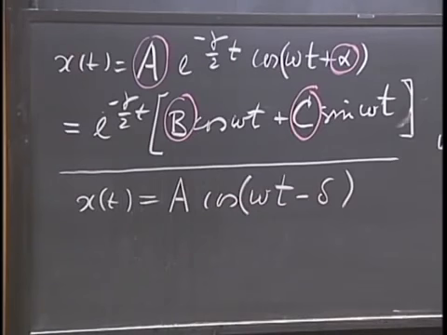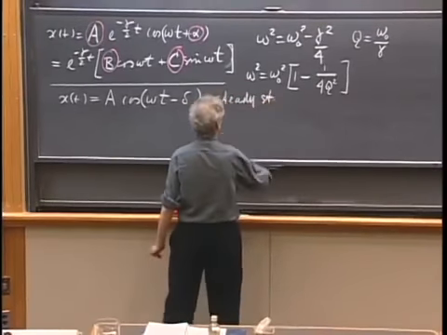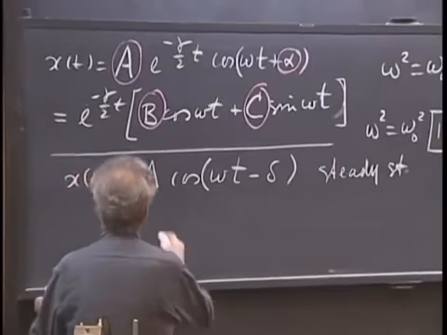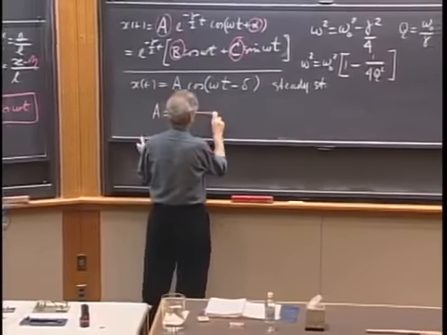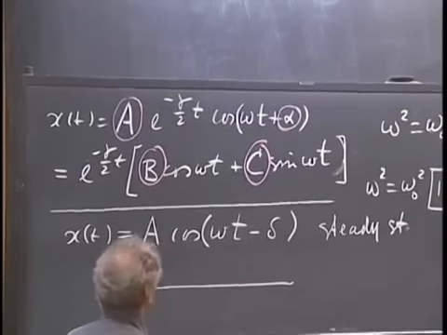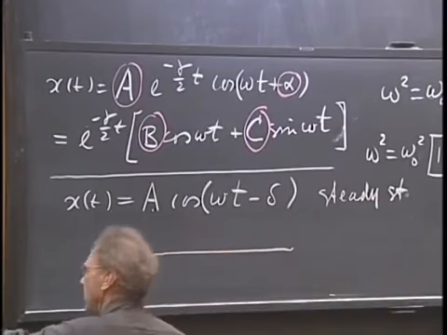And this is what we call the steady state solution. Steady state. And this A becomes then a rather complicated function. Upstairs I get eta 0 omega 0 squared, I get this part.